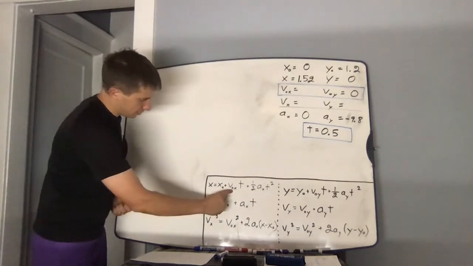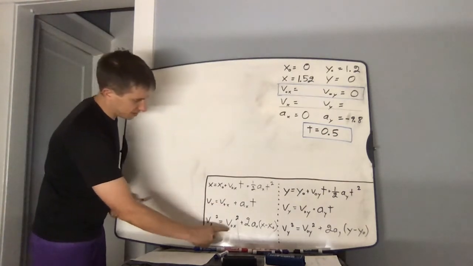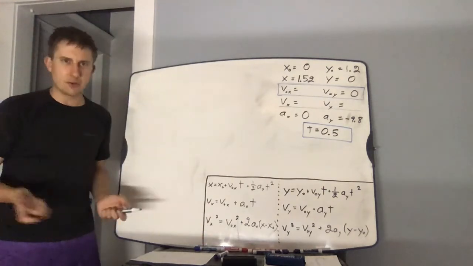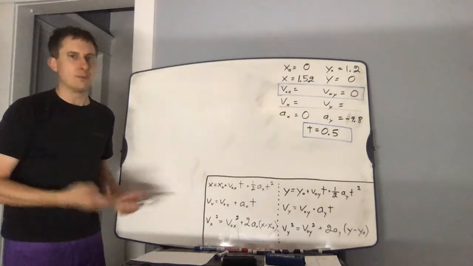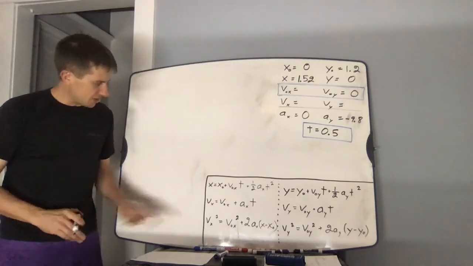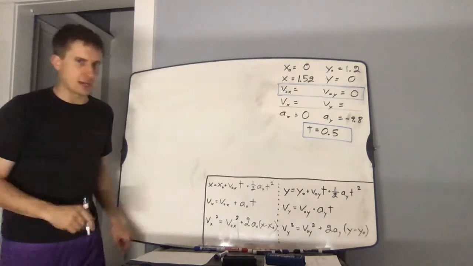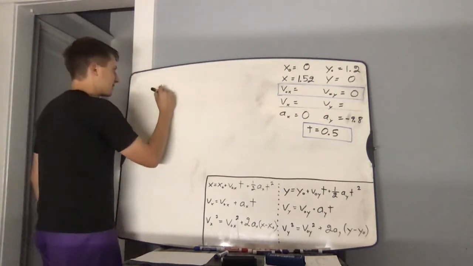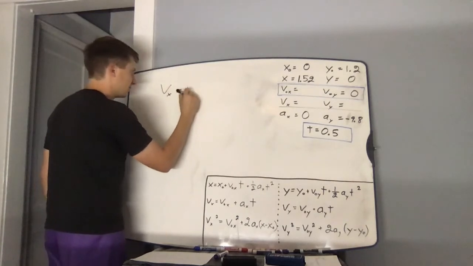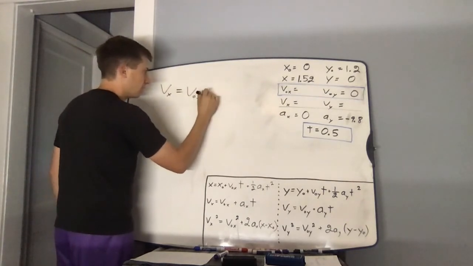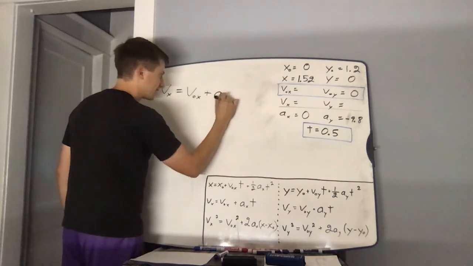Well, there's a v initial x, there's a v initial x, there's a v initial x. So right now it looks like all the equations might be useful to me. The second equation is short. Let's look at that equation. Vx final is Vx initial plus axt.